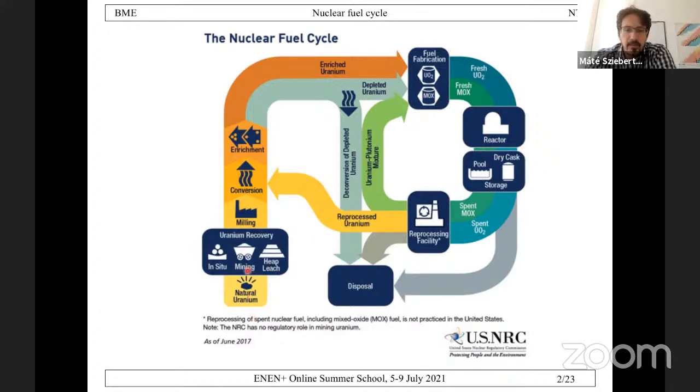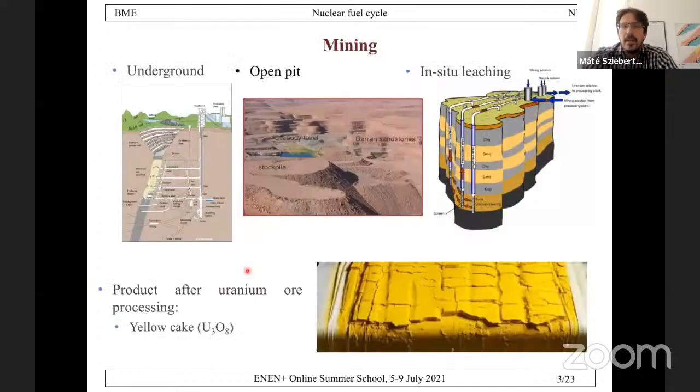So let's start with the very beginning of the front end, which is obviously uranium mining. There are three important mining methods. Two of them, I guess, are very familiar to everyone from other kinds of mining as well. Underground mining, when you have a deep shaft and reach the uranium ore in this way, and the open pit, when the uranium ore can be accessed from above, obviously with quite a large environmental impact.